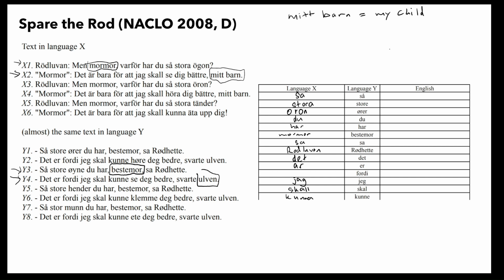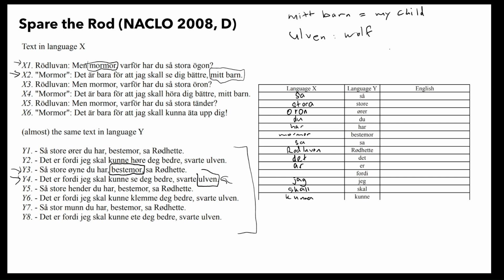Right? So, just based off the vibe of the conversation, I'm getting the feeling that Ulven is a wolf. And that's because this whole text is reminding me of Norwegian.